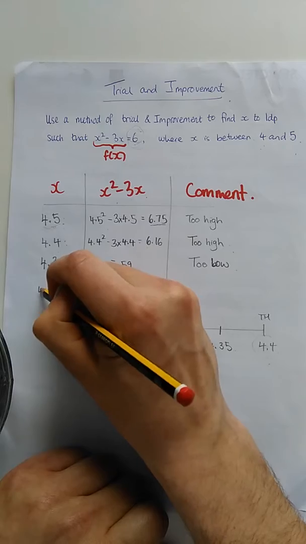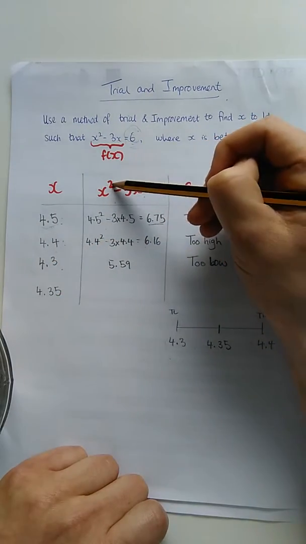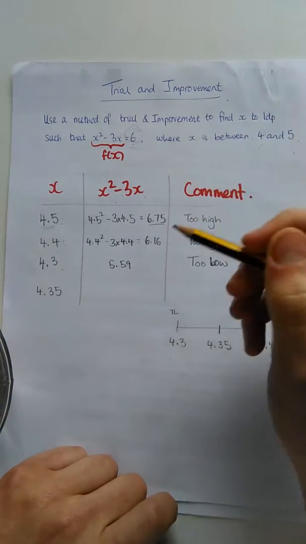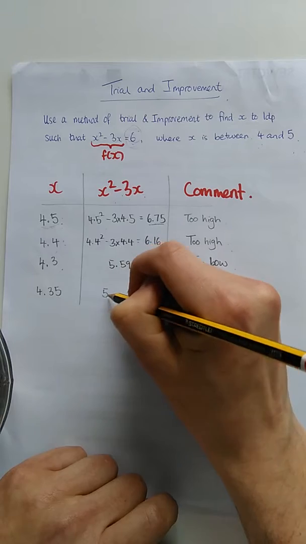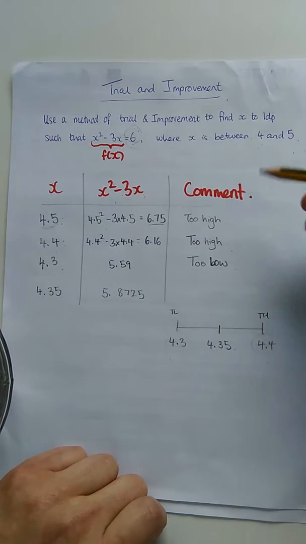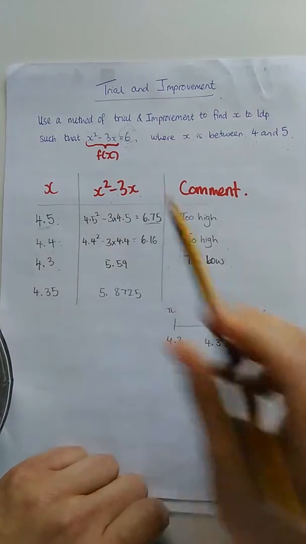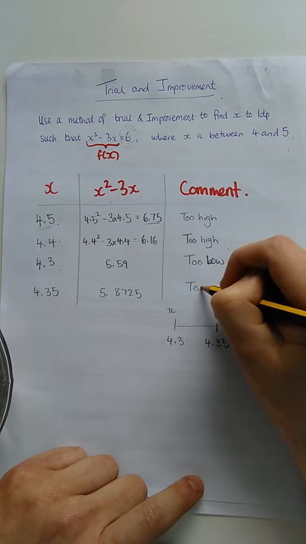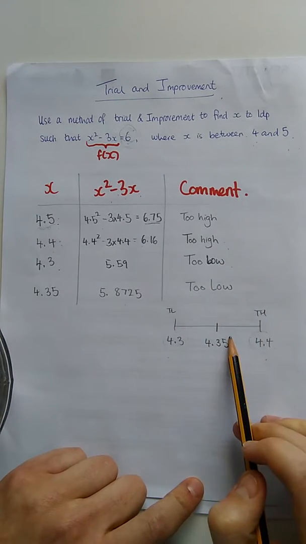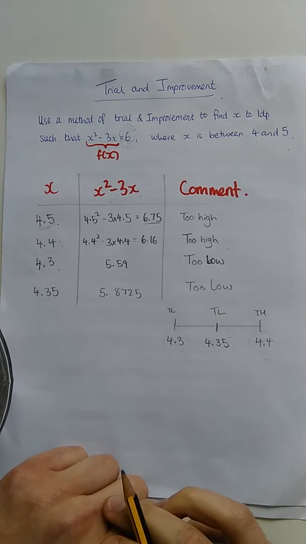So put it into my table, 4.35. 4.35 squared, take away 3 times 4.35 gives me an answer of 5.8725. My comment, well, 5.8725 is lower than 6, so this is too low. Okay, back to my number line. 4.35 is too low.